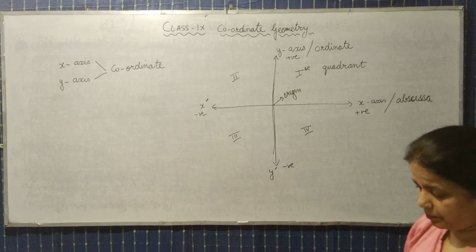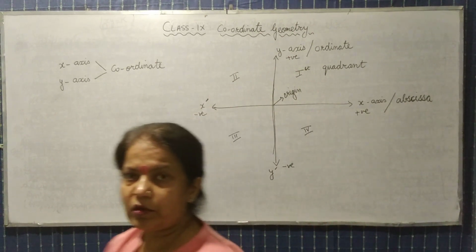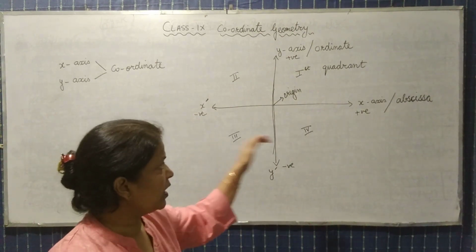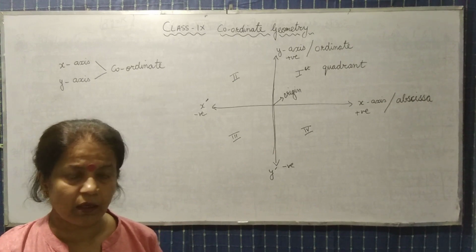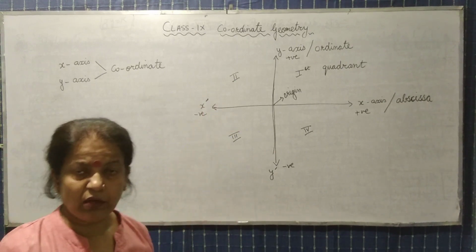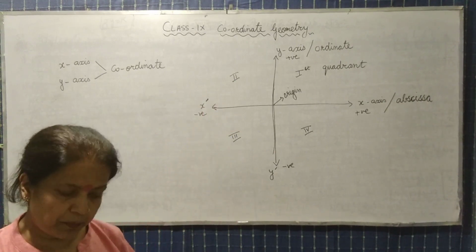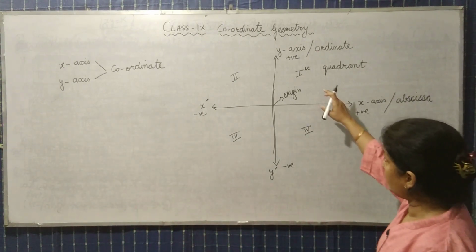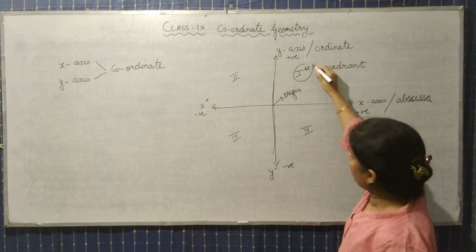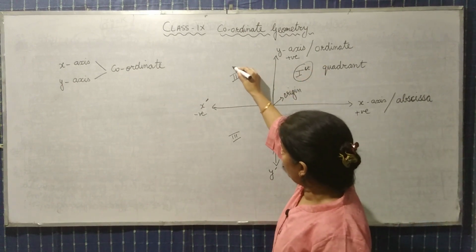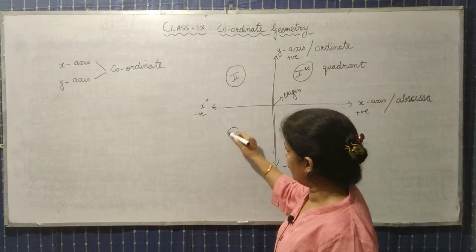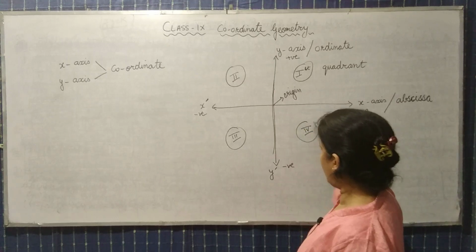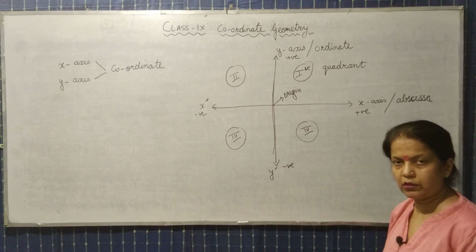So x-axis and y-axis divide the plane into 4 parts, and the parts are called quadrants, and you will start from here. First quadrant and go anti-clockwise: second, third and fourth quadrant.